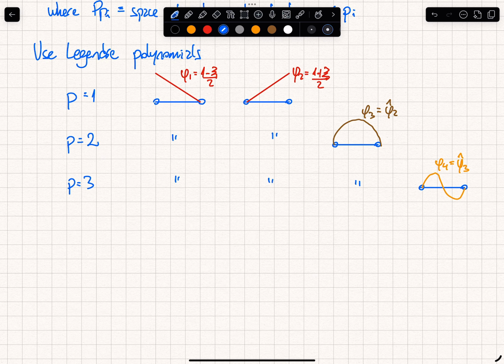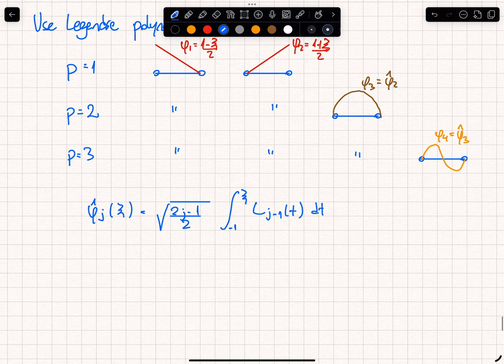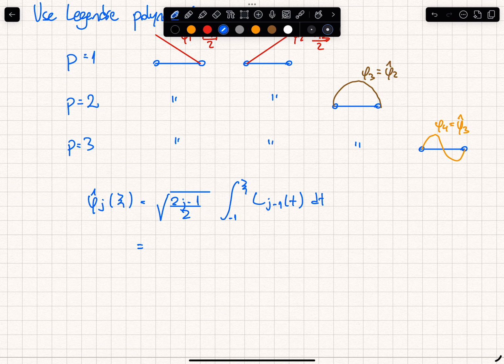Well, it's a helper function that is going to be defined as the square root of (2j minus 1) divided by 2, and then the integral between -1 and xi of L_{j-1}(t) dt, which is equal to, I don't know by heart these functions.